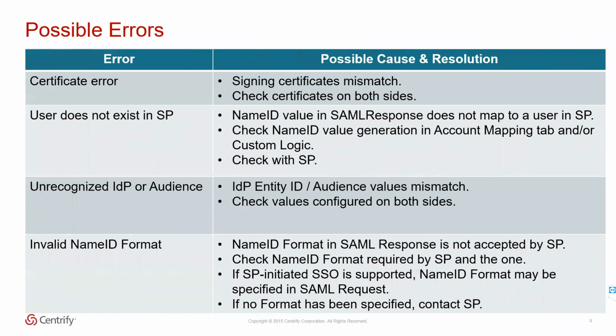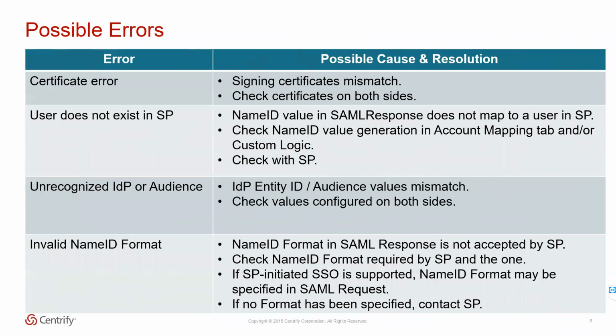So you just need to make sure that the generation is generating the correct name ID value that the SP can use to map to a user. So far, so good? Okay, I'll take that as a yes.